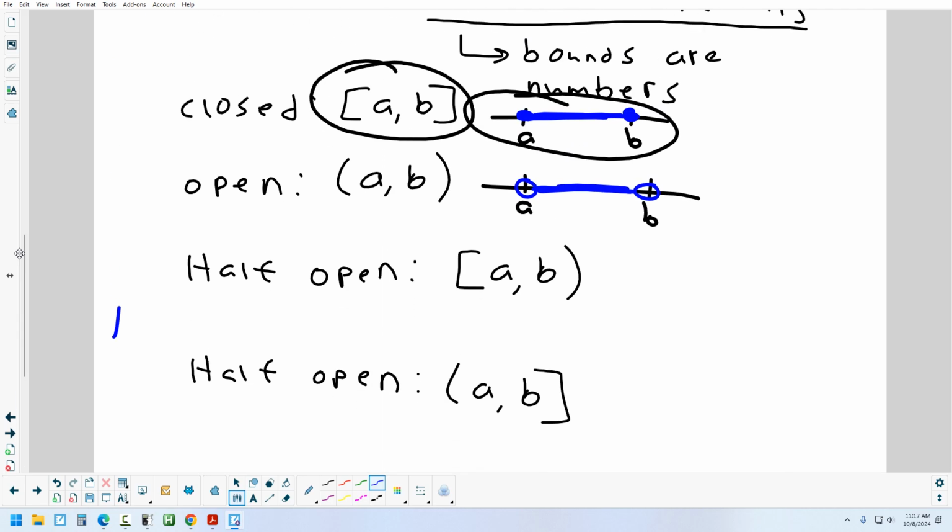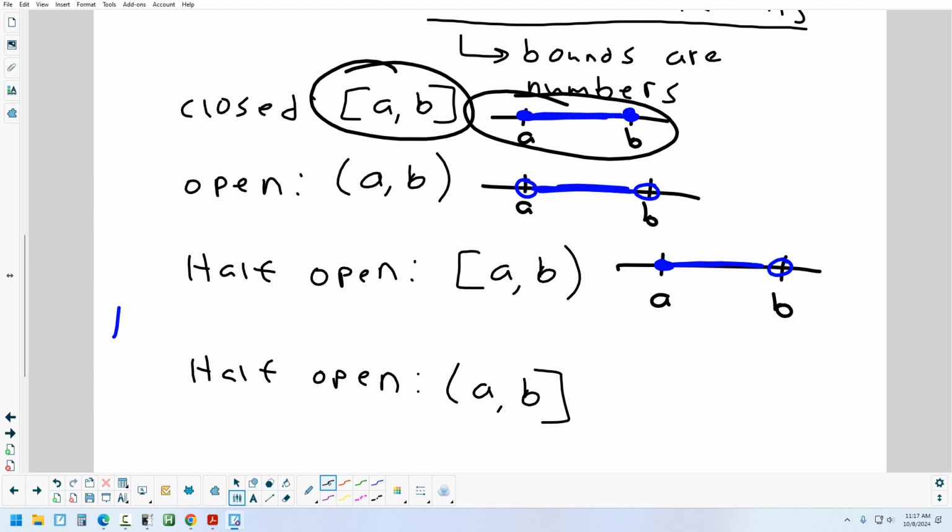And there's two ways you could do a half open interval. You could be open on the right or open on the left. And if you were going to draw one of these, the A would have a filled in circle and the B would have an open circle. And the last one would look similar, so you could draw that one yourself.